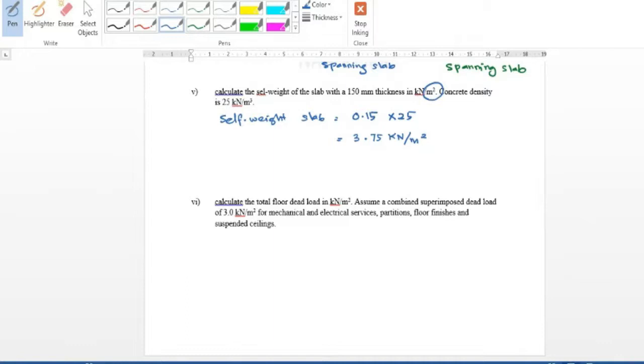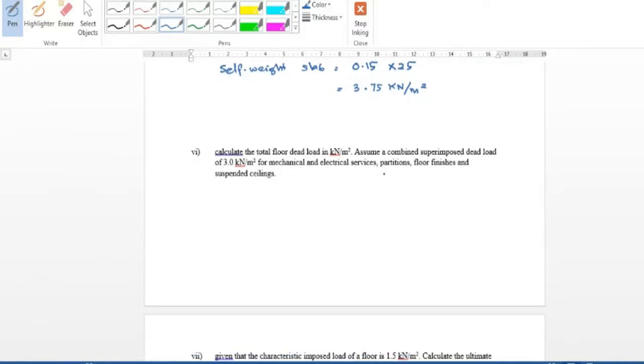Compared to the beam, the width is less than the height or thickness or depth. You will remember by yourself after this. Don't worry.